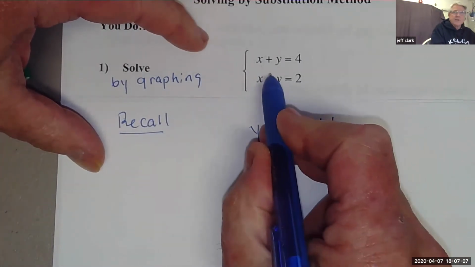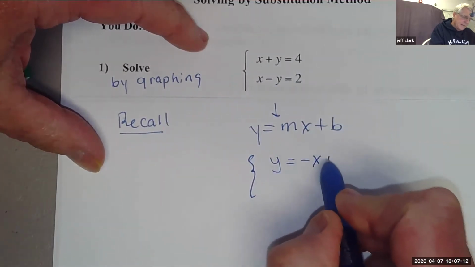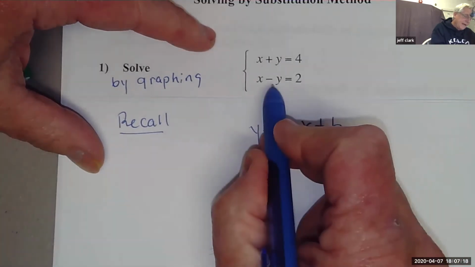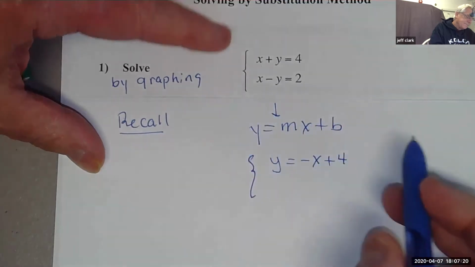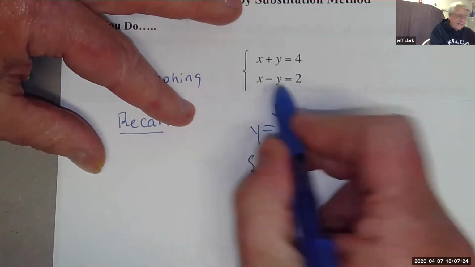Okay, so solving this one for y, we get that one, and we can graph that one in a moment. And solving this one, I think maybe we'll start off with subtracting x from both sides.